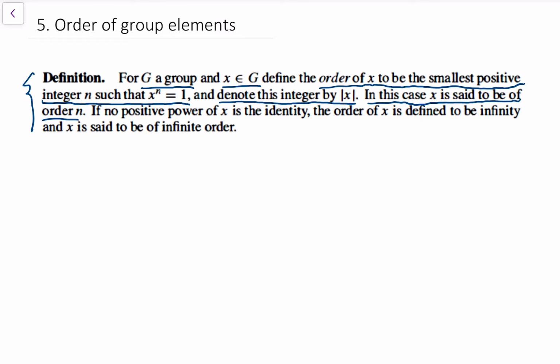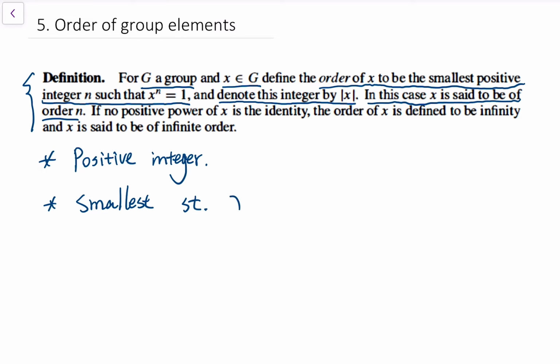Here, from the definition, we can see that the order of the element should first be a positive integer. And then it should be the smallest such positive integer to satisfy the property x to the n equals 1.